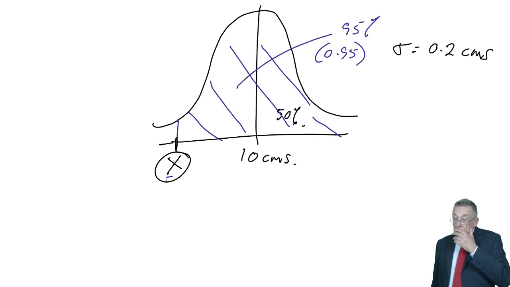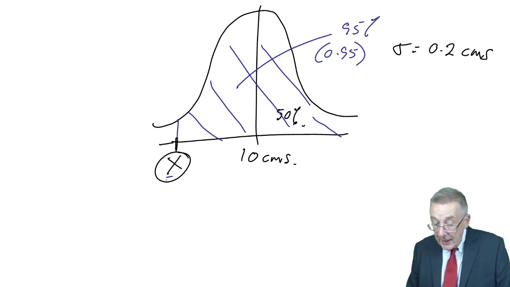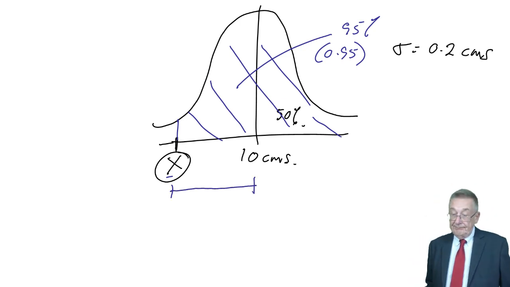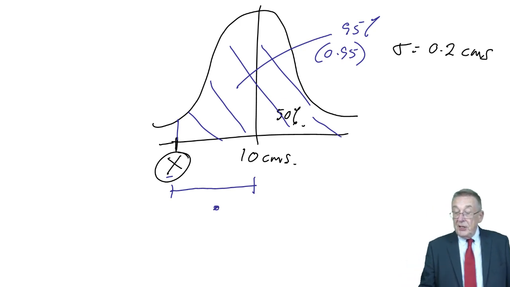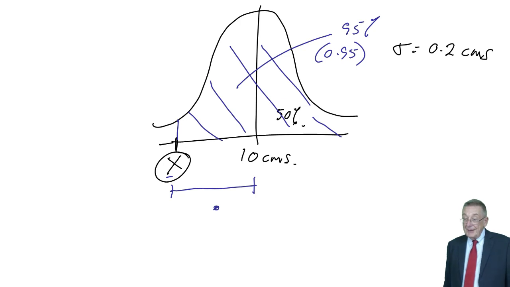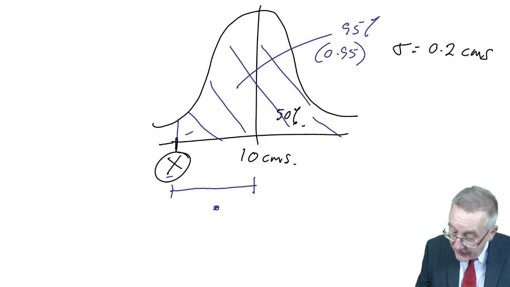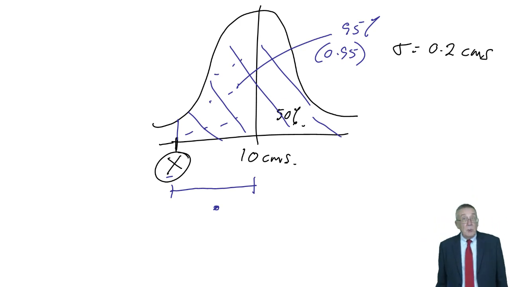Well, we're going to have to work backwards. Remember, the tables will give us the proportion between the mean and some other point. So if I knew the z-score, we could look up in the tables and it would give us this area. But here I know what I want that area to be.